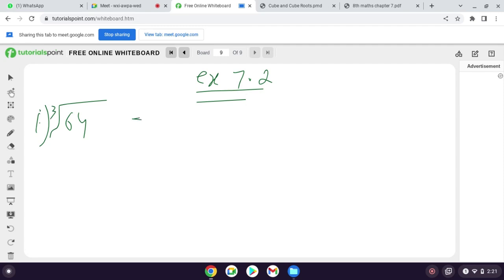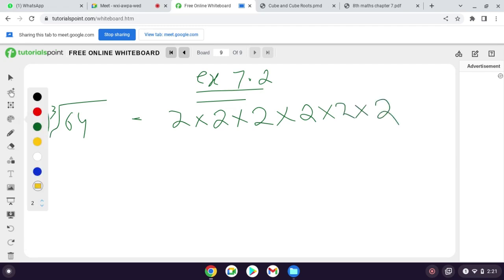The prime factorization of 64 is: we have to multiply 2 thrice. So 2 into 2 into 2 into 2 into 2 again. So we just have to make a cube root here.